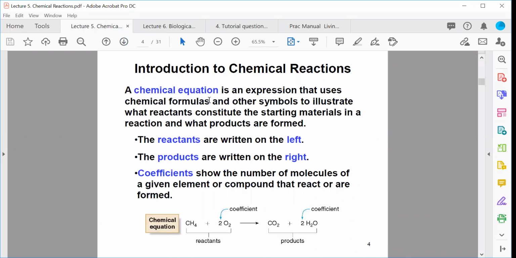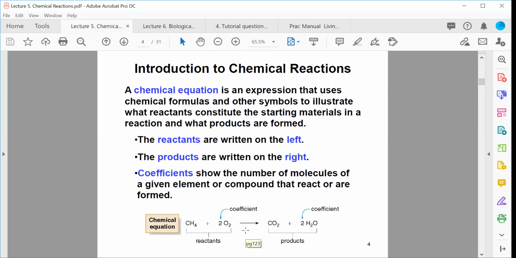All right, so that brings us to chemical equations. And if we look down the bottom, firstly, this is an example of a chemical equation. So it's simply an expression that uses chemical formulas such as CH4 and O2 and so on, and other symbols such as this arrow.